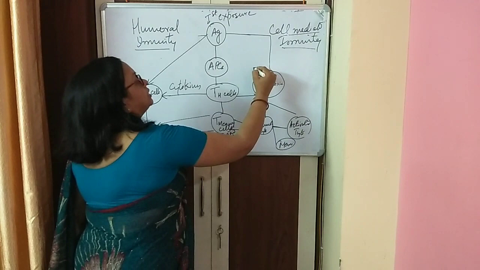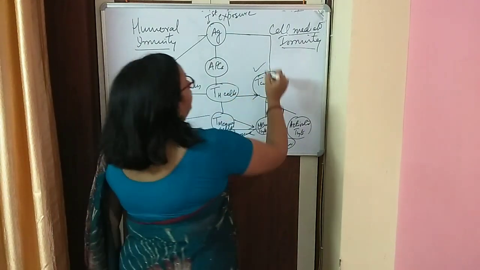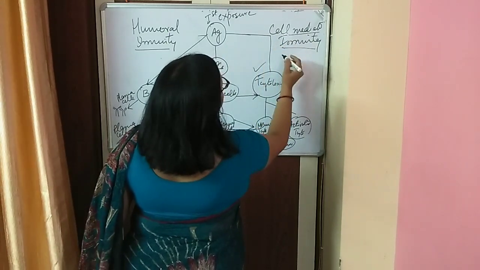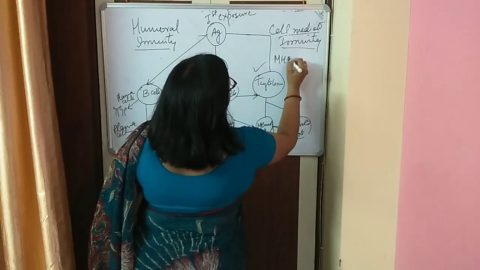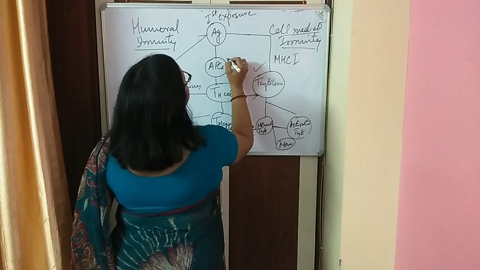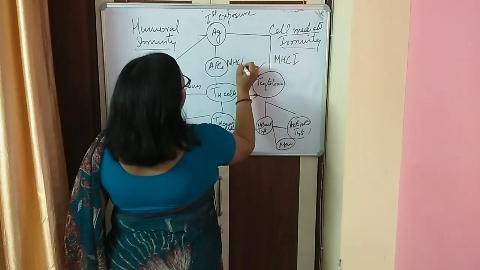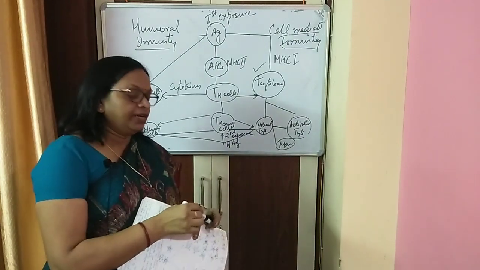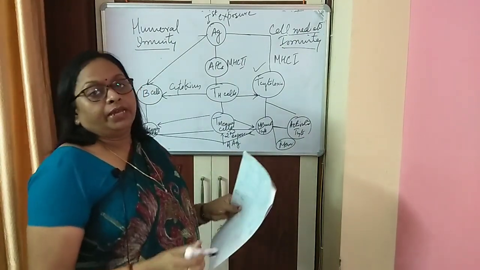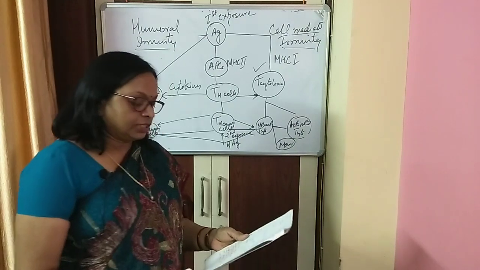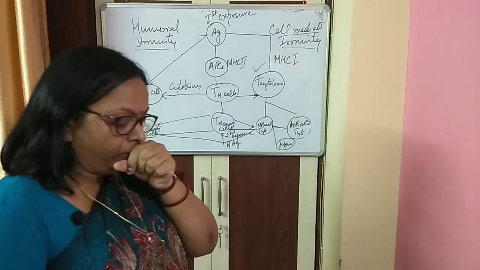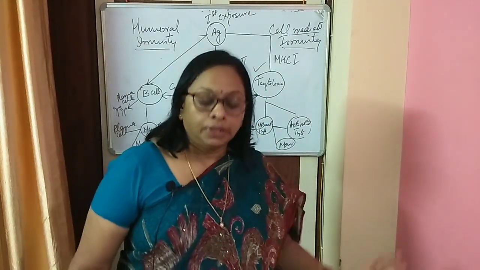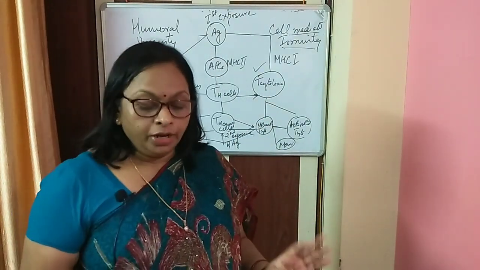This cytotoxic cell will be activated only if the antigen is presented through MHC1, and here it is MHC2. You should remember this always, where MHC1 will participate and where MHC2 will participate. So this is about the types of cell mediated immunity and humoral immunity.